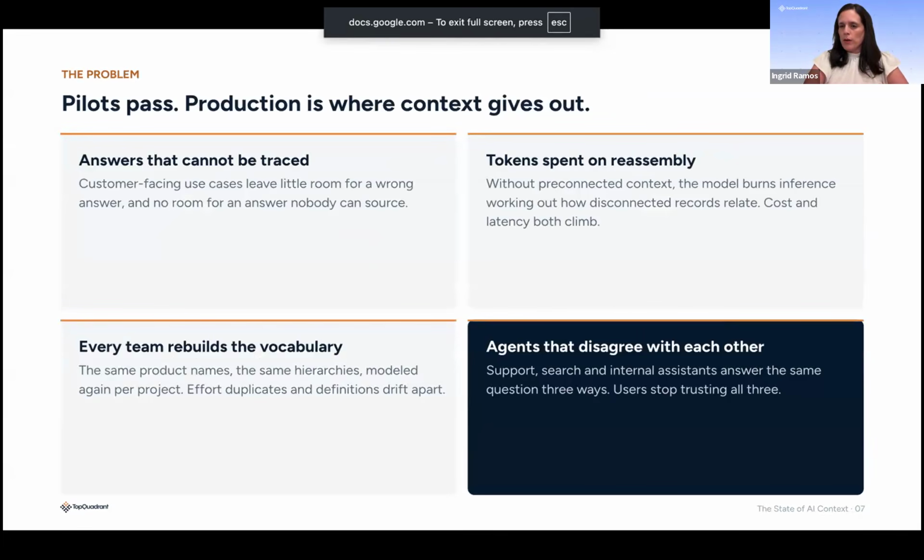The business problem that we're seeing across the board is that AI pilots, whether they're individuals or teams or the enterprise using AI, in production or in individual use cases, are fine.